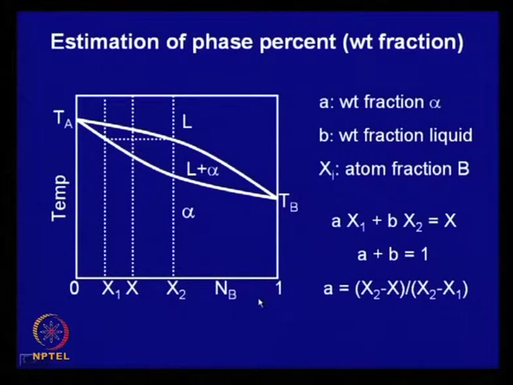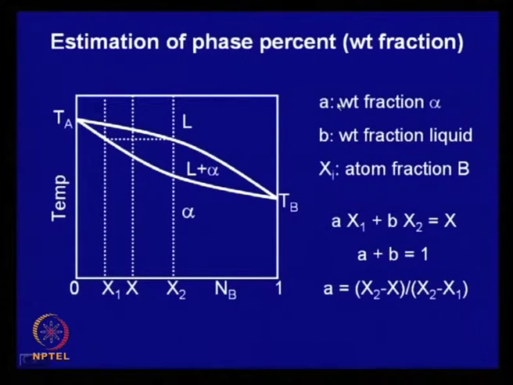Now, let us see, is it possible to estimate, at some intermediate temperature where you have drawn this tie line, the amount of solid and liquid at this temperature from this diagram.